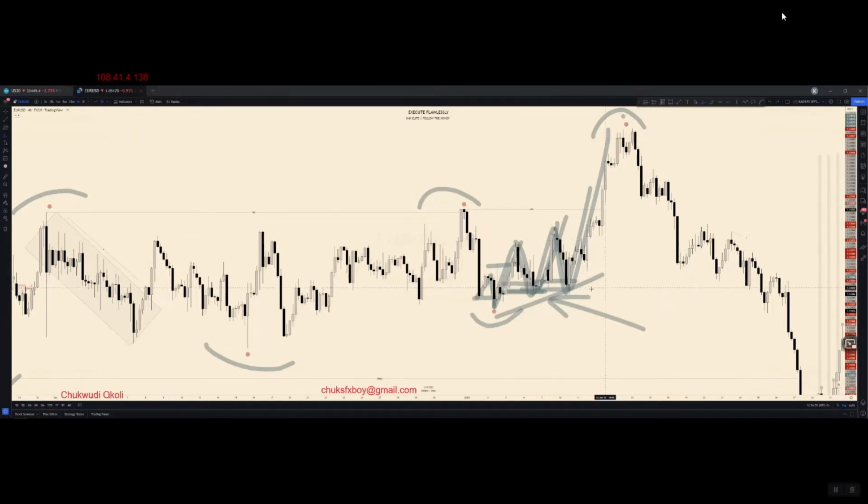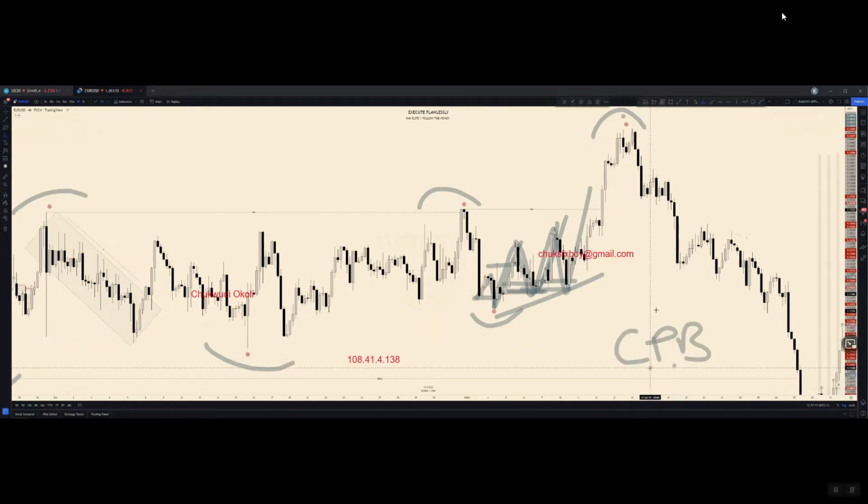For every seller, you need to have a buyer. For every buyer, you need to have a seller. So if there's no buyer for a seller, then they need to find the next available demand or liquidity pool to do business with. Then all we're going to probably see is CPBs, which stands for catalyst for pullbacks. CPB is just little reaction points, like all these demand zones.